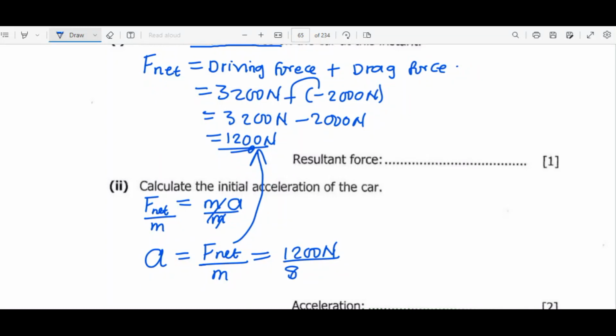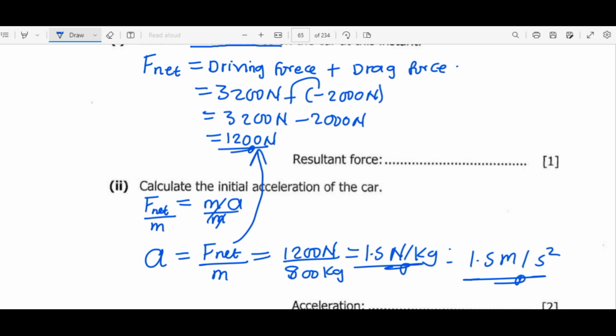So you divide by 800 kg, which is 1,200 divided by 800. I'm getting 1.5. So 1.5 newtons per kg is our acceleration, which in SI units, the one that we know, should be 1.5 meters per second squared as our final answer.